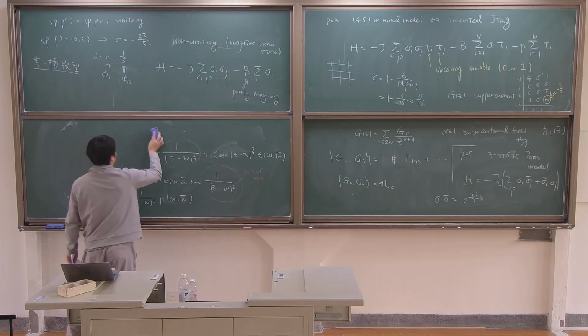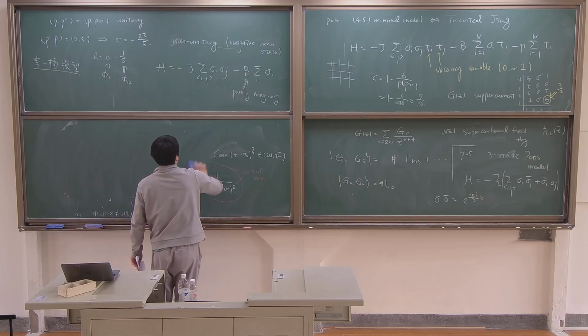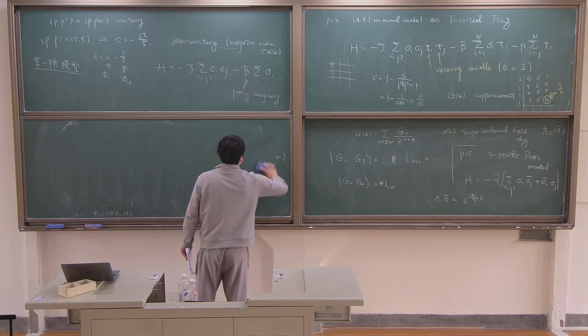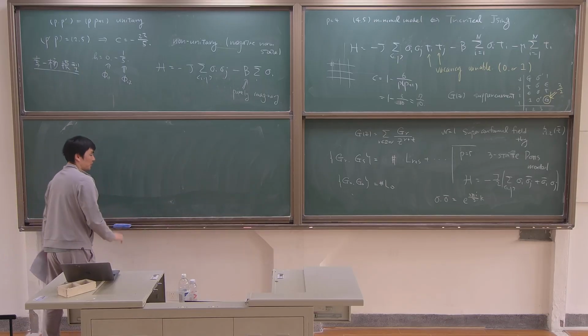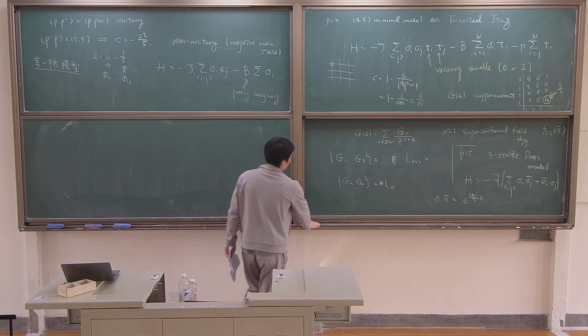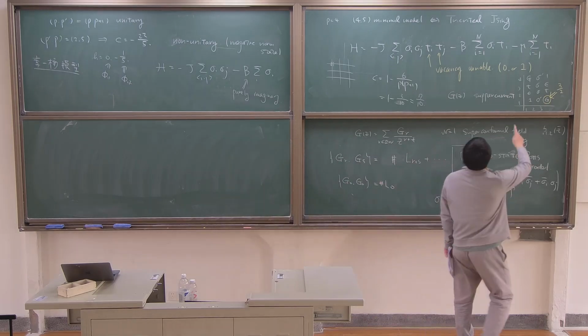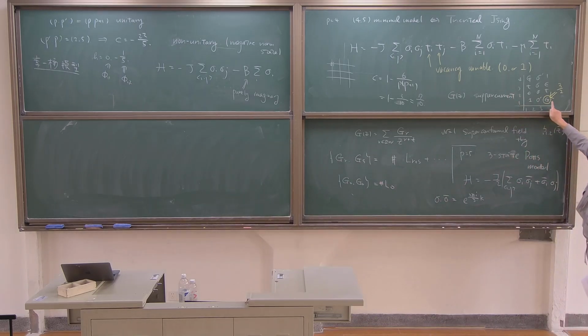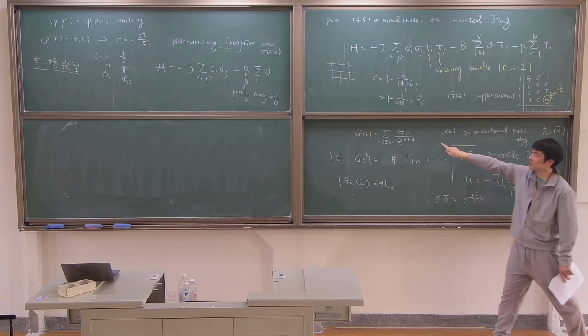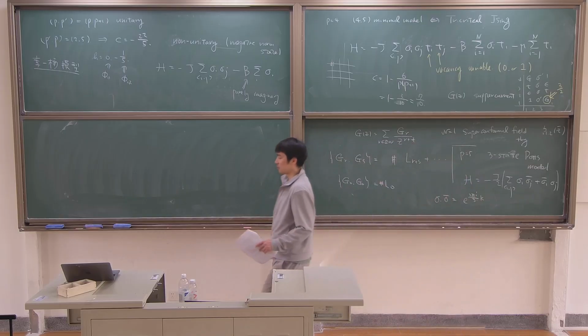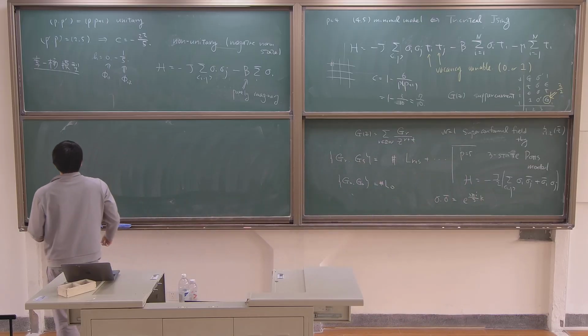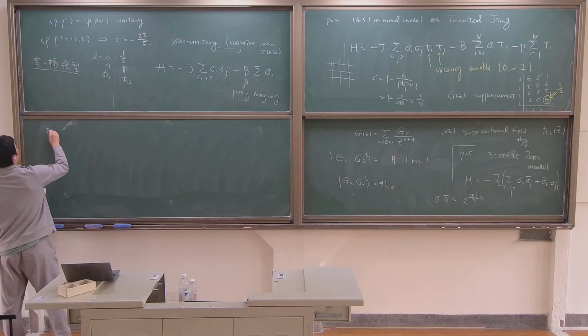If you study this kind of minimal model, you will see enhanced symmetry. The first instance you encounter is this P equal to 4 case. This becomes the super Virasoro algebra. And then the P equal to 5 case.